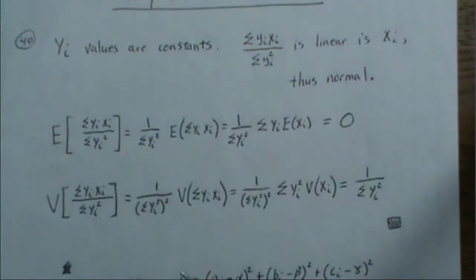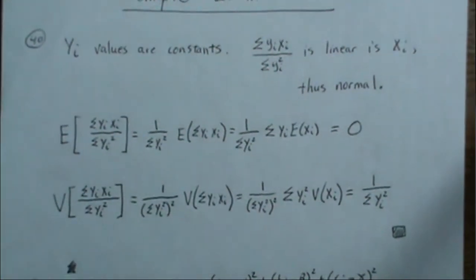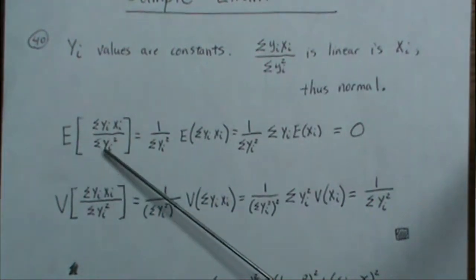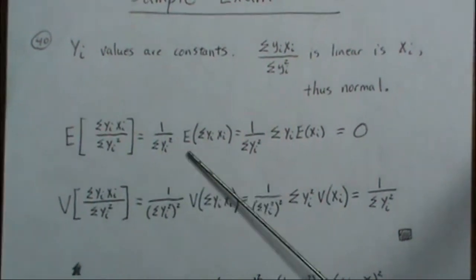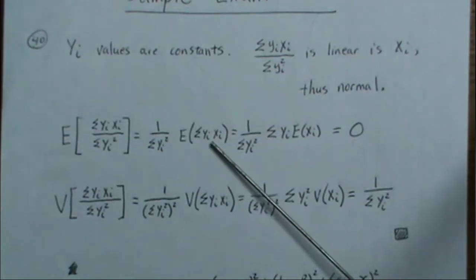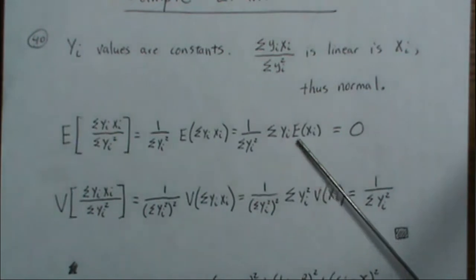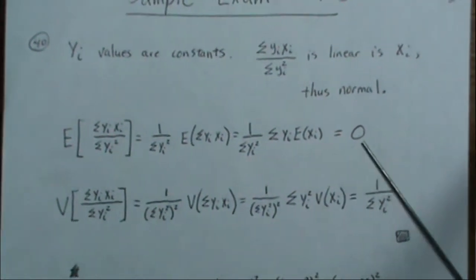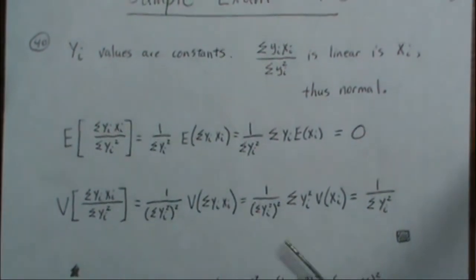So the expected value of this combination is this. Now the bottom is constant, so we bring it out of the expectation. Then we take the expectation in, but notice that yi is a constant, so we take it out. And the expected value of the xi's is 0, so this overall expectation is 0.